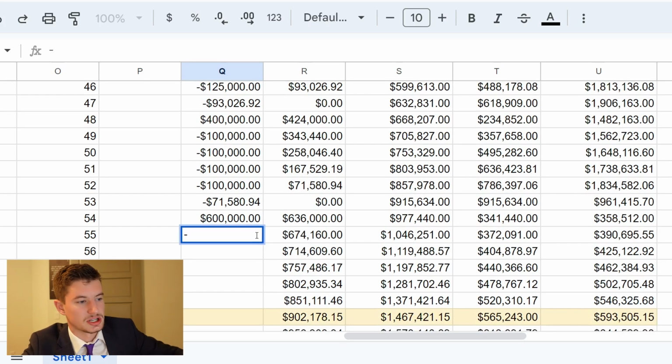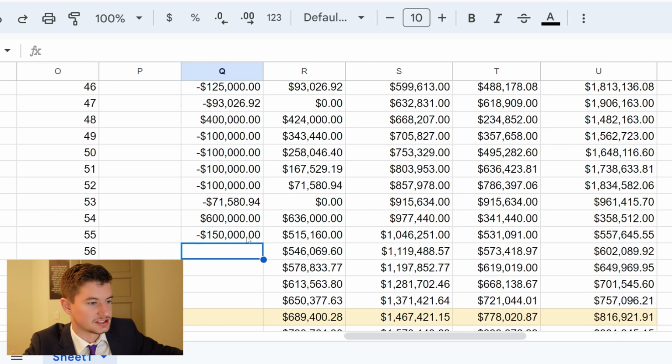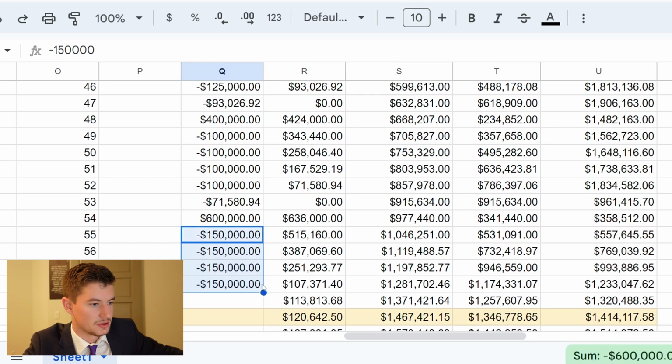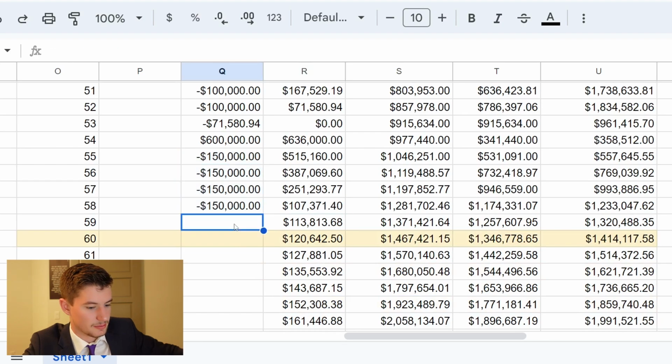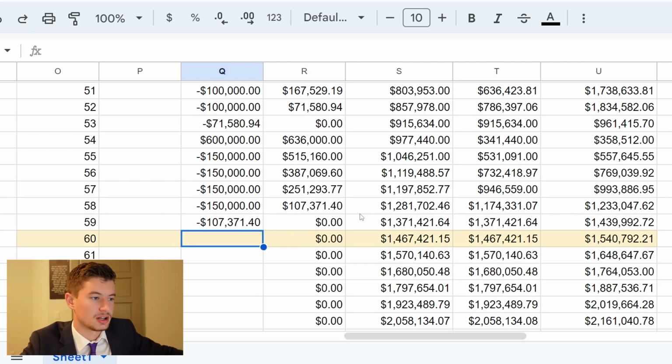Same thing, we slowly start to pay that back. Let's say we're paying 150,000 at a time. We do that, and then we have this remaining 107,371,4, and we pay it all off. Again, you don't have to do that, but if you did, this is kind of what it looks like.